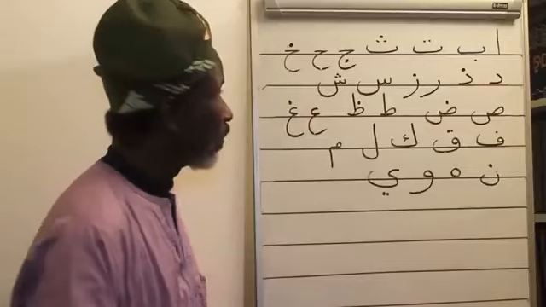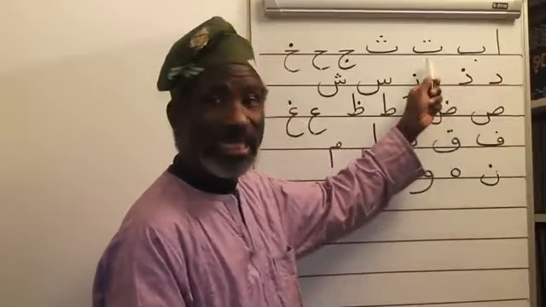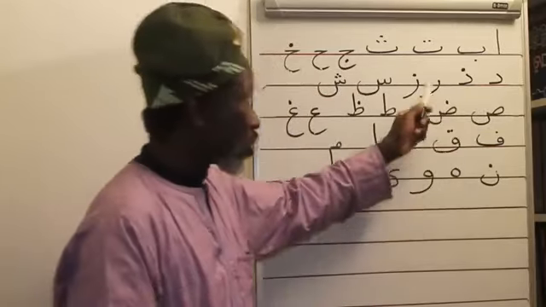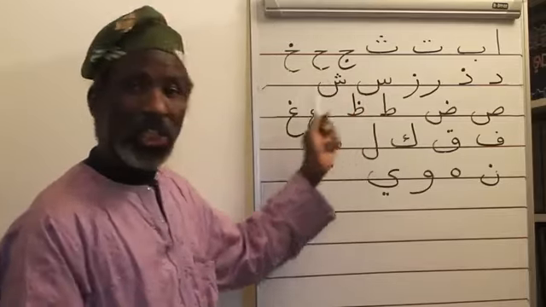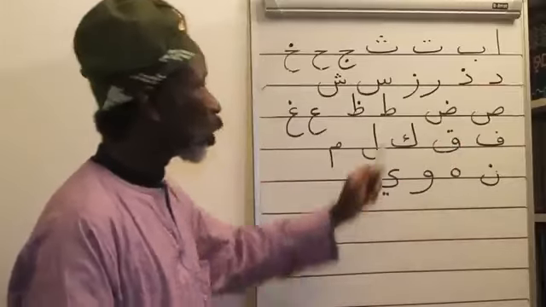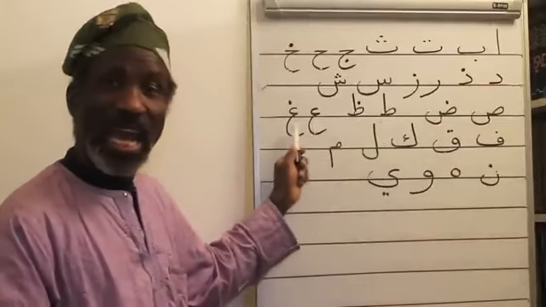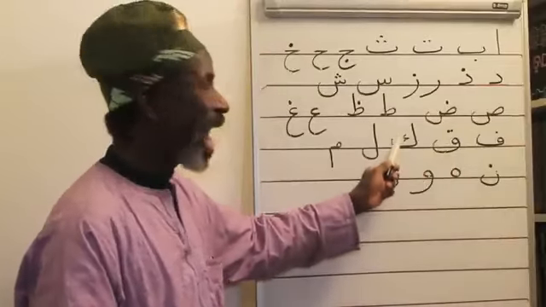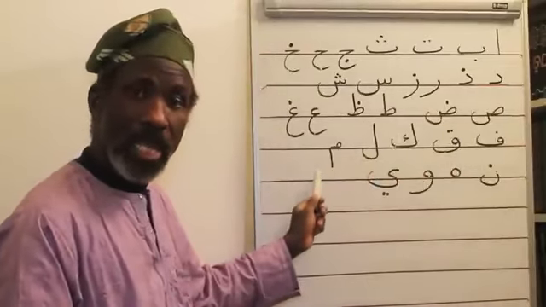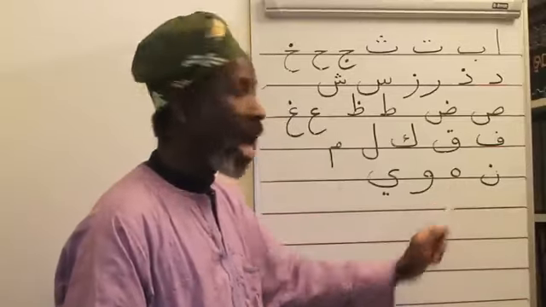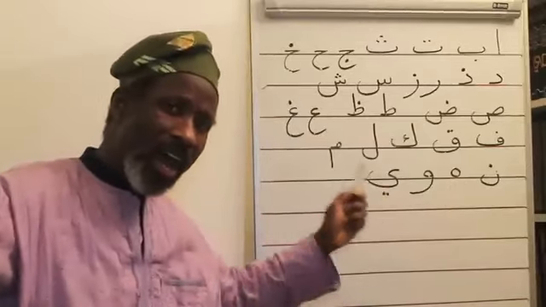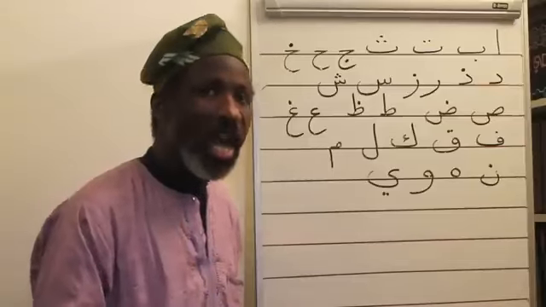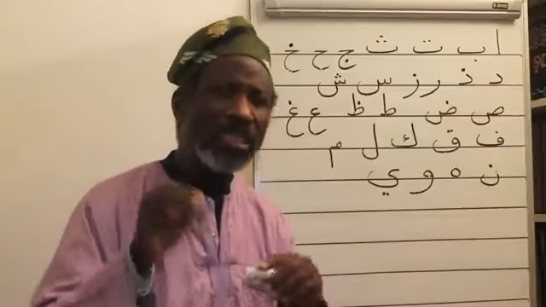Together, let's read: Alif, Ba, Ta, Tha, Jim, Ha, Kha, Dal, Zal, Ra, Zain, Sin, Shin, Sad, Dad, Ta, Dha, Ain, Ghain, Fa, Qaf, Kaf, Lam, Mim, Noon, Ha, Waw, Ya. Well done.